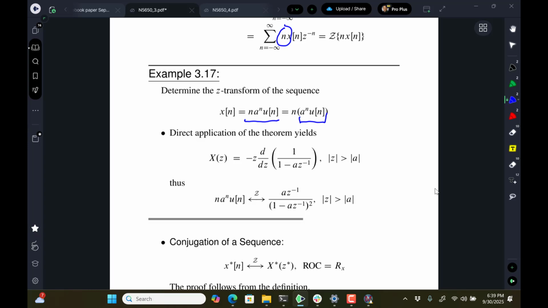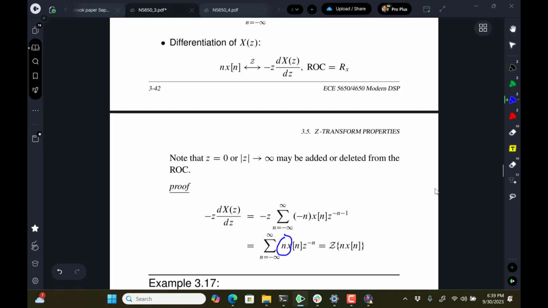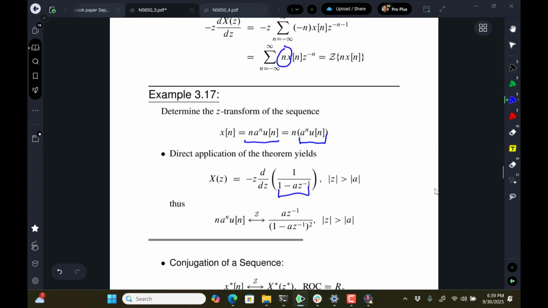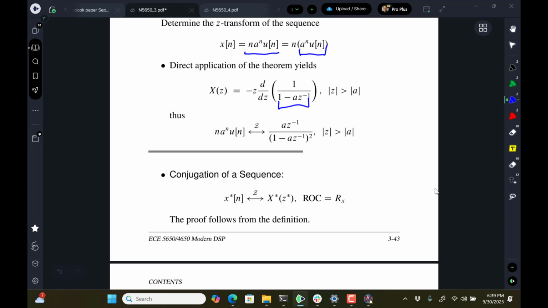So that is that Z transform. And then according to this theorem, it says that I would take minus z times the derivative of that. And that should be my x of z corresponding to n a to the n u of n. So when I do that differentiation, inside of there I get a z to the minus 1 over 1 minus a z to the minus 1 quantity squared.